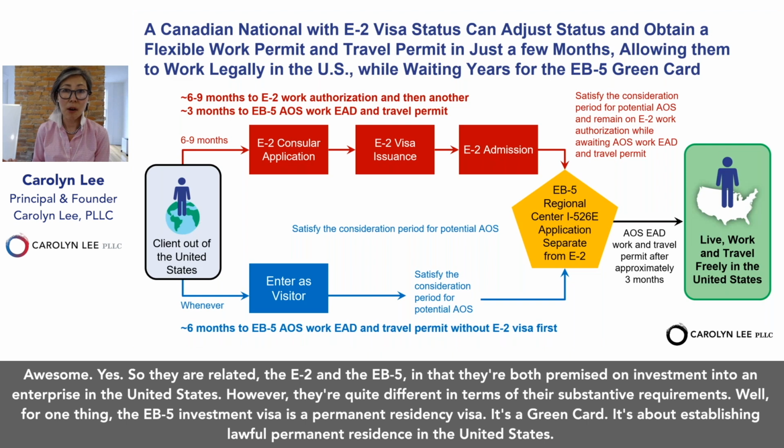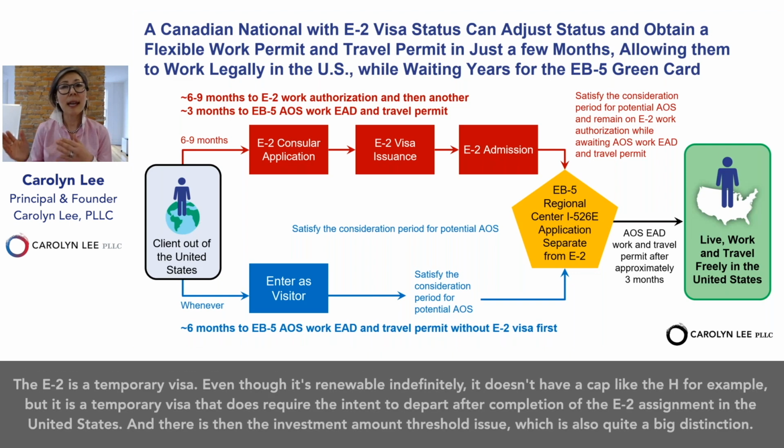It's a green card. It's about establishing lawful permanent residence in the United States. The E2 is a temporary visa, even though it's renewable indefinitely. It doesn't have a cap like the H, for example.